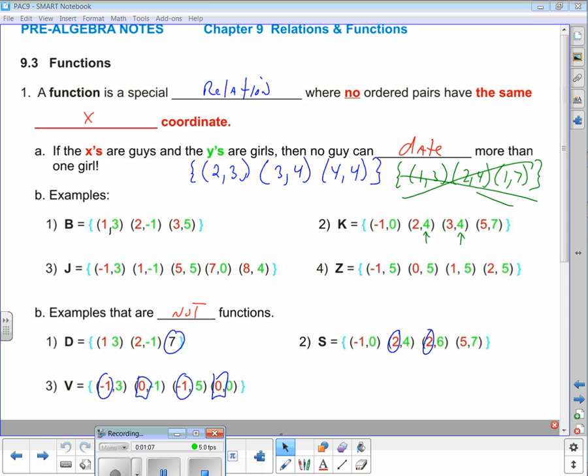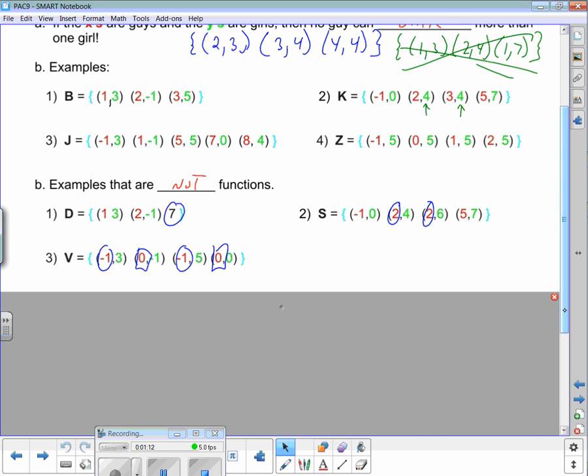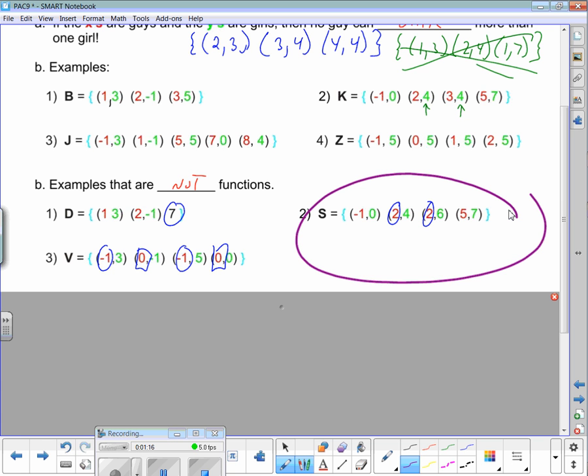And as we wrapped up yesterday with these examples that are not functions, what ends up happening is we don't have that. In example 2, if we input 5, no problem, output is 7. If we input -1, no problem, output is 0. But if you input 2, now we've got a problem. We don't know where to output.